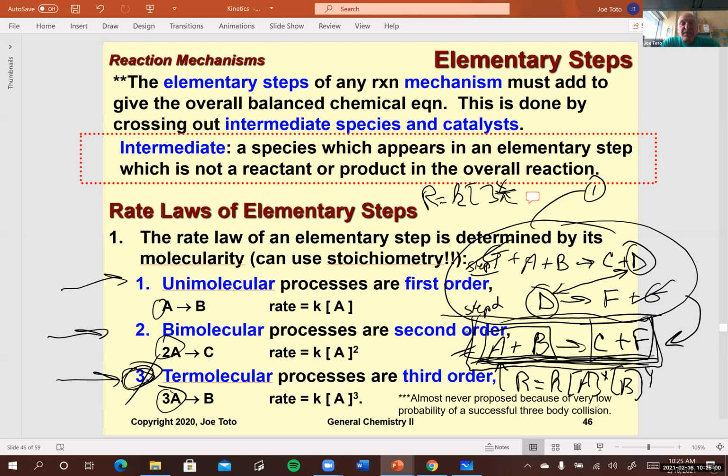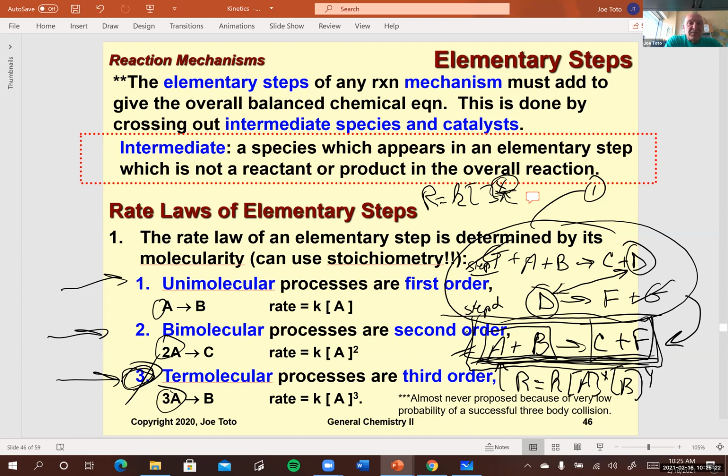You could do the graphical method using integrated rate laws, or you can use the method of initial rates, where we have tables of experiments with different concentrations and correspondingly different rates. So we needed experiments to find that.